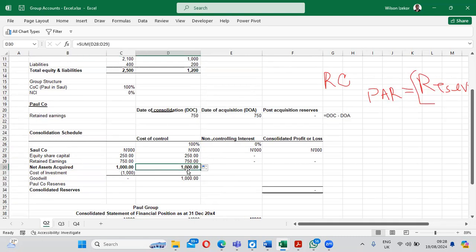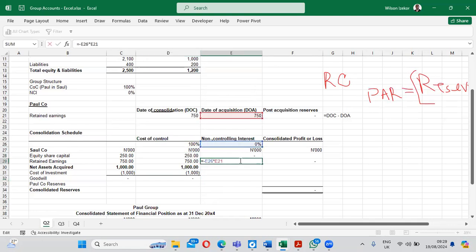So the cost of investment as well, these are our cost of investment, is going to move here. Then what happens is that our goodwill is zero. Now, for the non-controlling interest, obviously we do not have non-controlling interest.